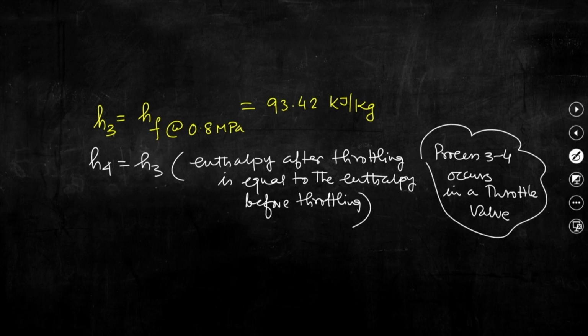Right. So, H4 also equals 93.42 kilojoule per kg. So, we have now calculated enthalpy at all state points.